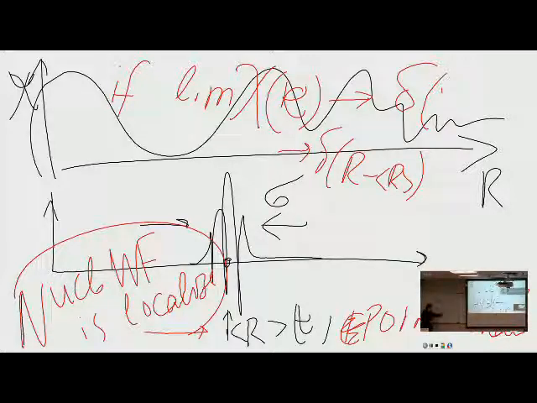So this Gaussian shape, this is interatomic positions.